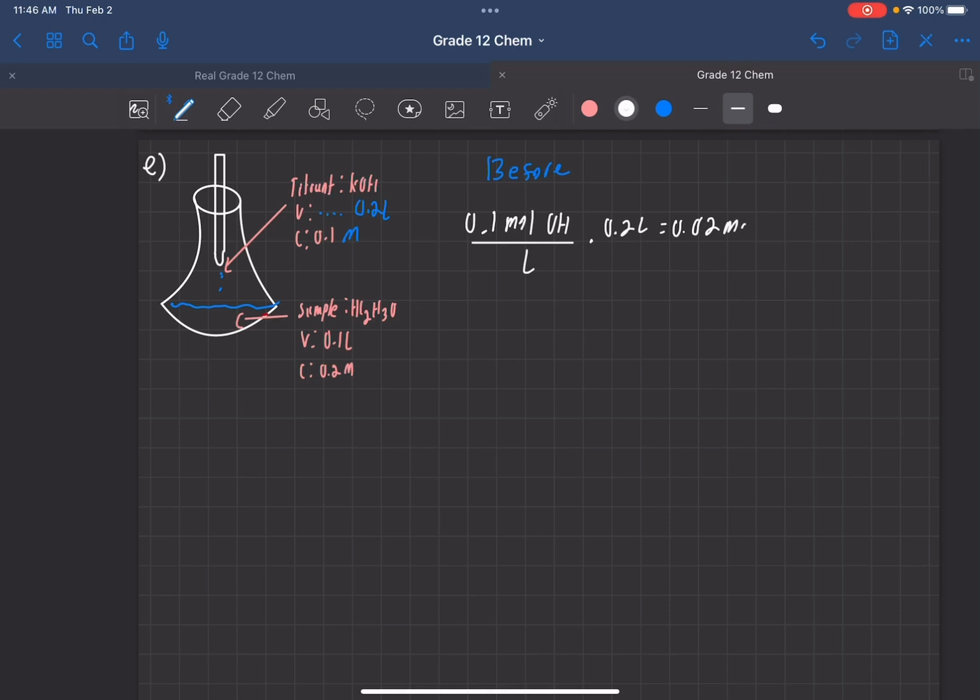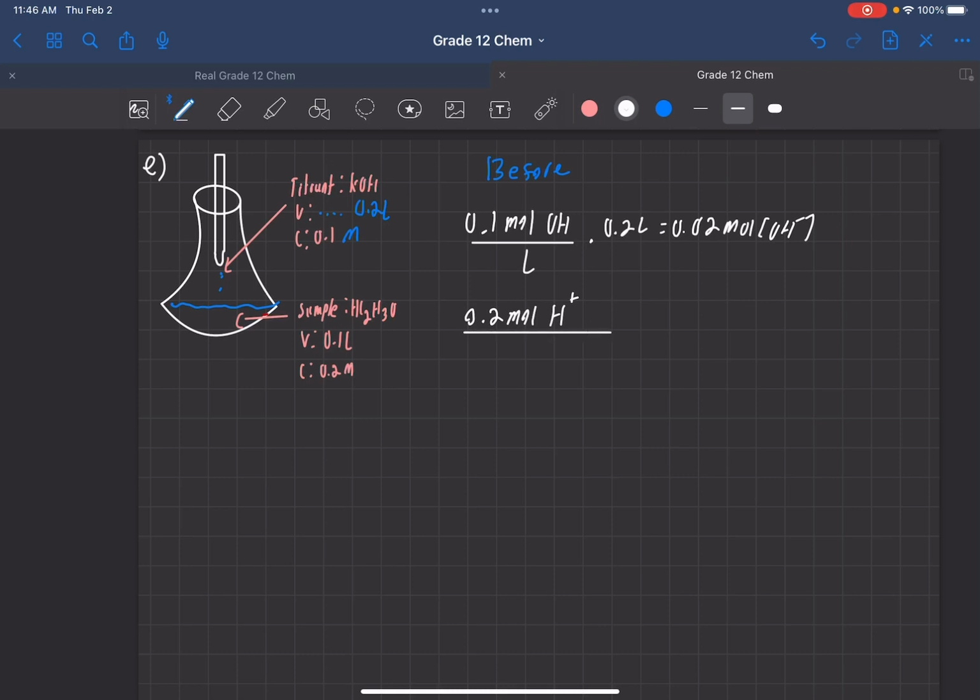0.02 moles of hydroxide. And if you remember from the previous question, we also calculated the moles of the sample before the titration. So let's do that once again. So 0.2 moles of hydronium, right?